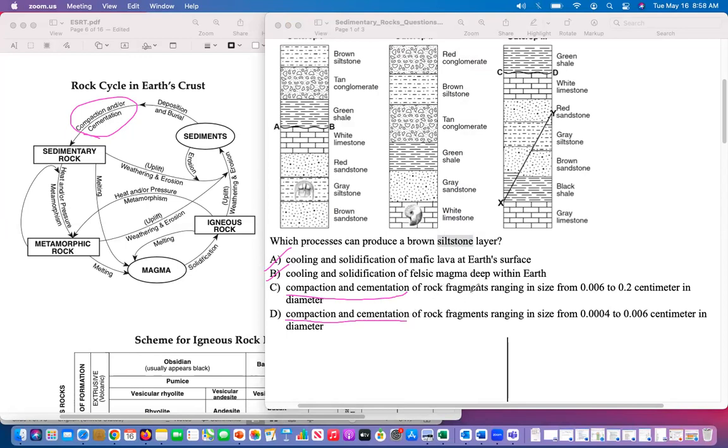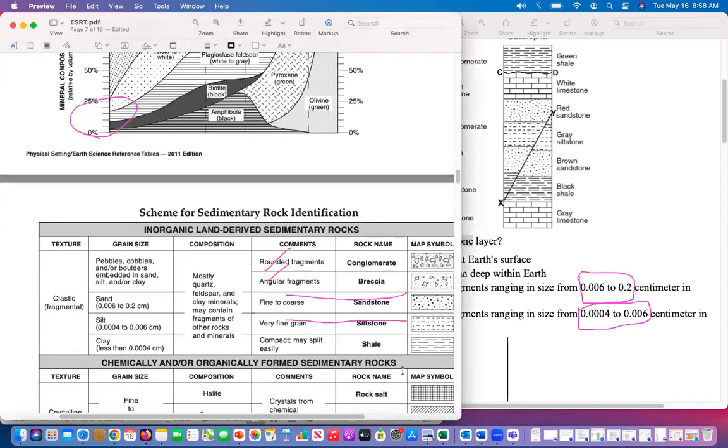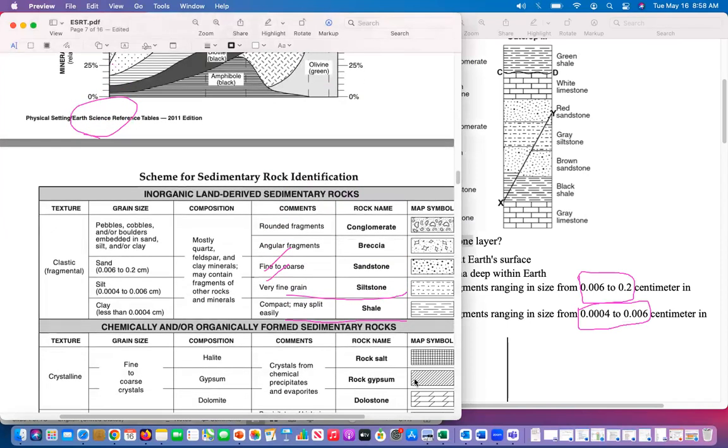Now, the difference between C and D is one has a size range of 0.006 to 0.2 centimeters. The other one has 0.0004 to 0.06. So where can I find the grain size of sedimentary rocks? Take a look. Siltstone has a grain size, take a look.